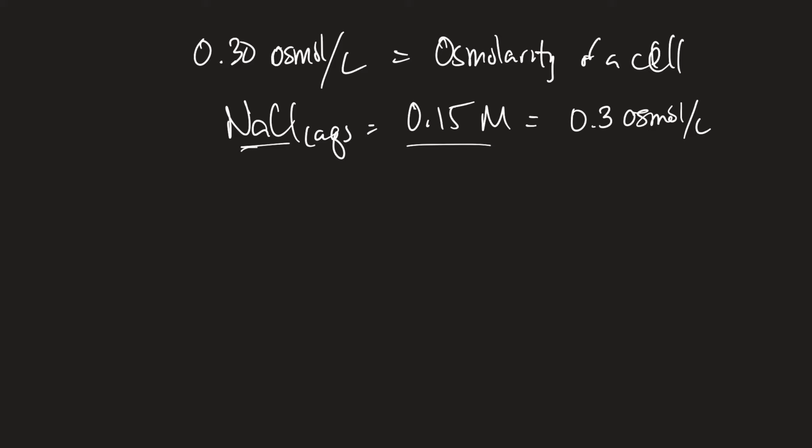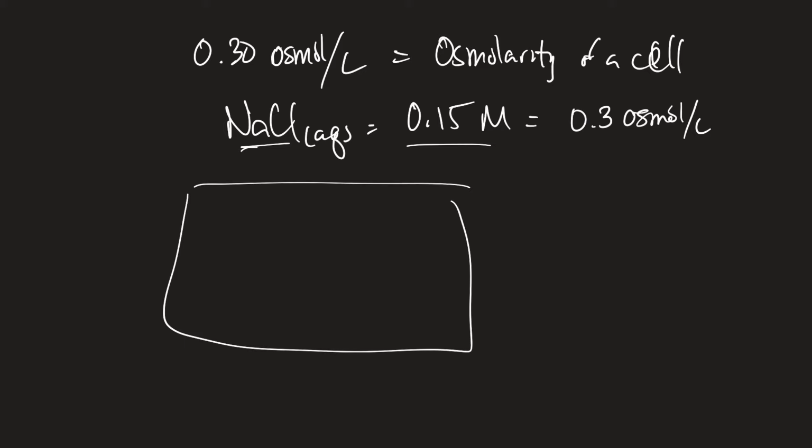Then we say that the cell is in an isotonic condition. If this is my container and this is the solution, and this is my cell, within the cell it's 0.30 osmol per liter, and the solution is also 0.30 osmol per liter.